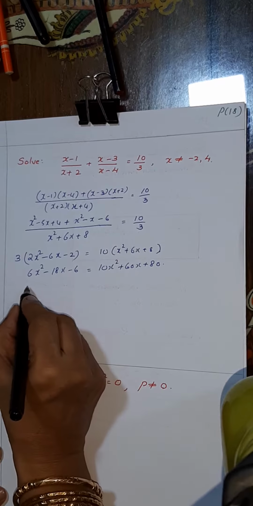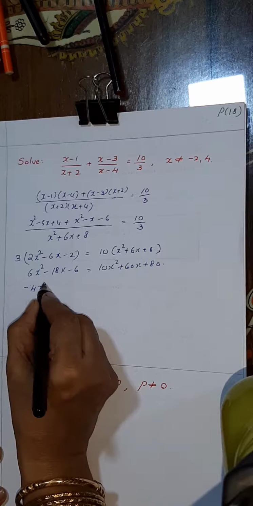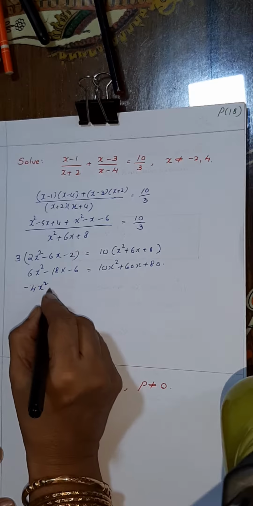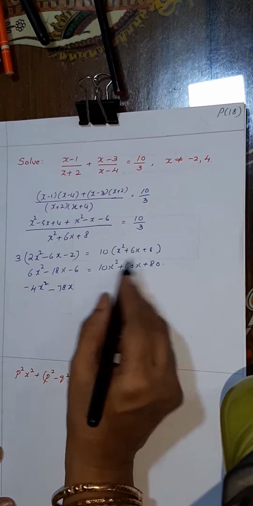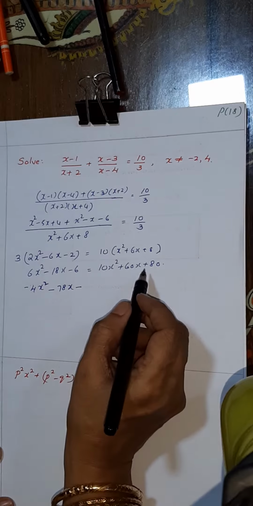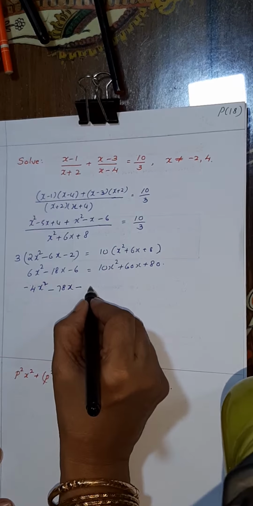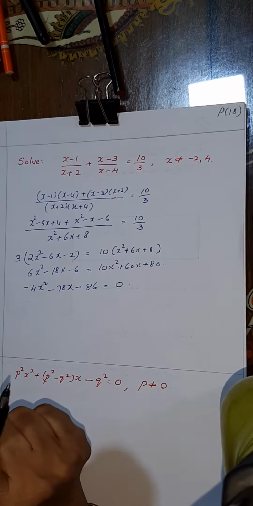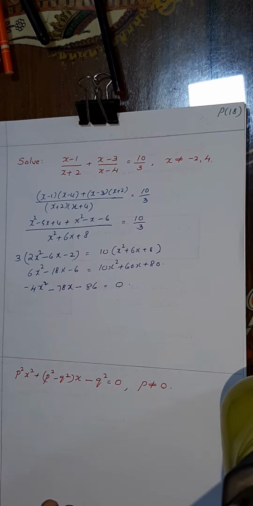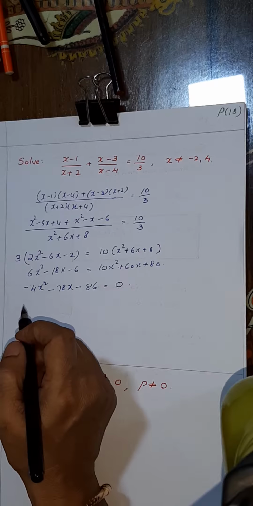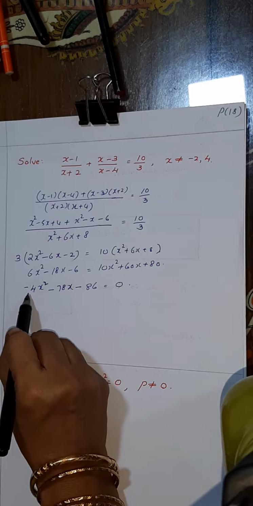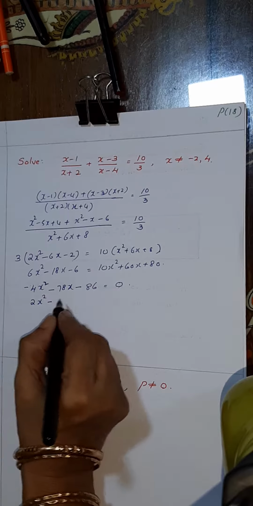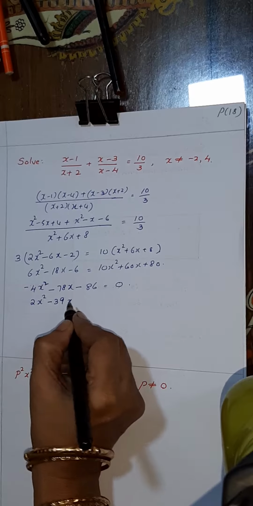Now bringing to one side, 4x squared, and this will come here, so minus 78x, then this also will become minus, so that is minus 86 equal to 0. We will convert all the negatives by dividing throughout by minus 2.